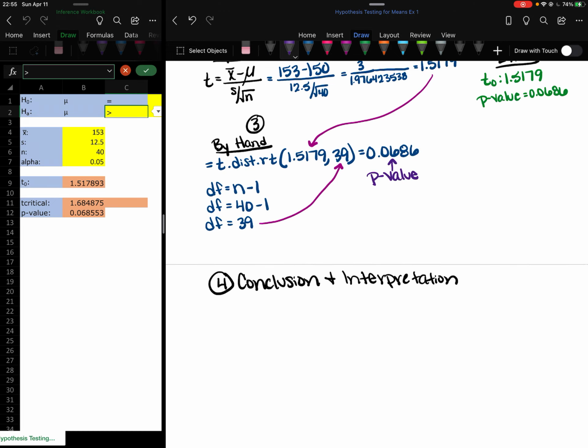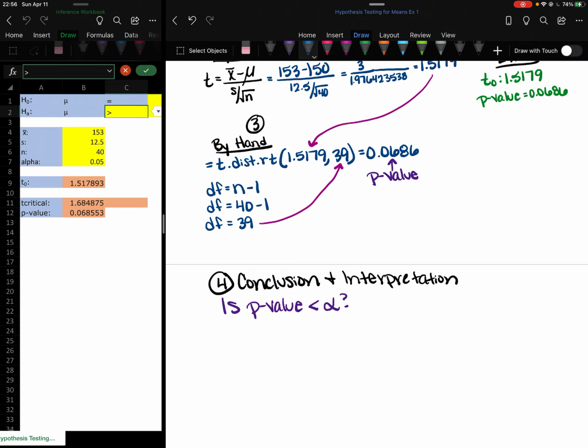Remember, for the conclusion, we're going to ask the question, is the p-value less than the level of significance, alpha? Is the p-value too small to be possible? Are the results from our sample too small to be likely?